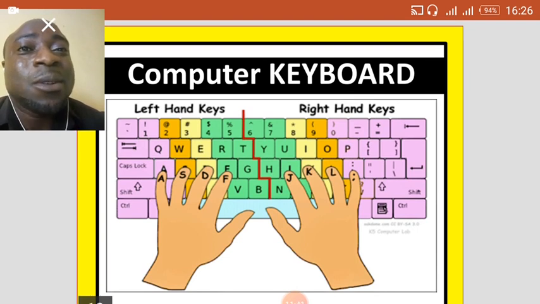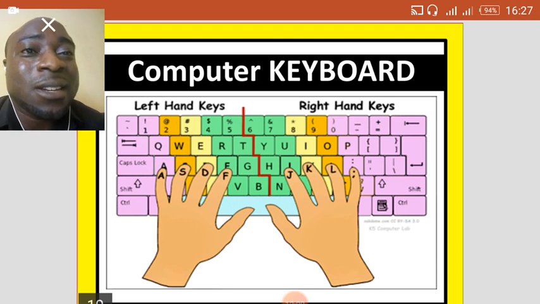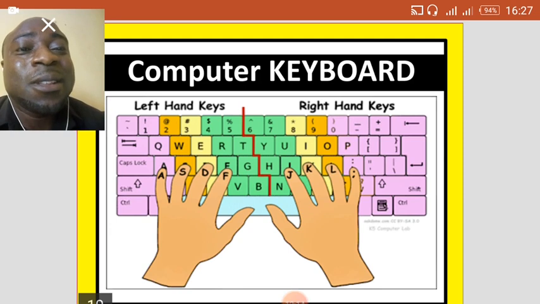Now, if you look at this keyboard, it is divided with a red margin for you to know all the keys that are for the left hand and all the keys that are for the right hand. If you can learn how to position your fingers like this, you'll be able to move freely and know the letters that are for your left hand and the ones that are for the right hand, so that you can type faster than those that don't know how to position their fingers like this.